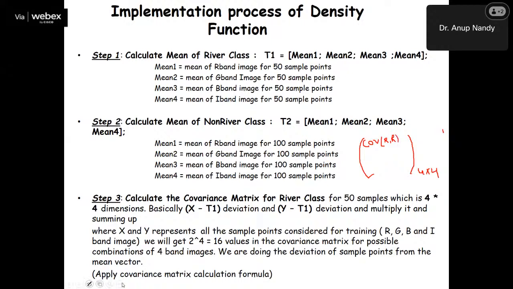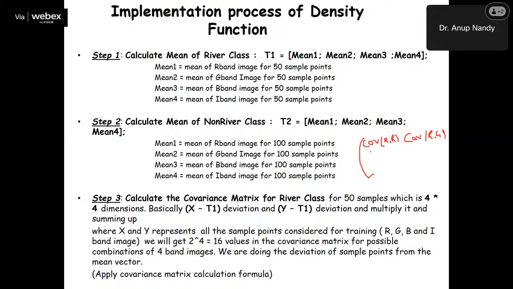Then you have to calculate the covariance of R band into G band, COV of R into G band. Next, COV of R band into B band, then R band into I band.